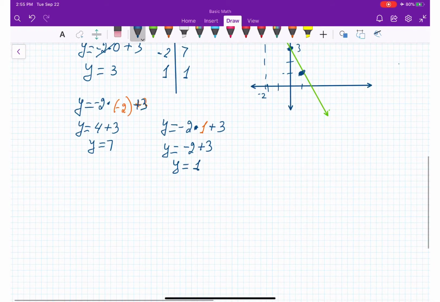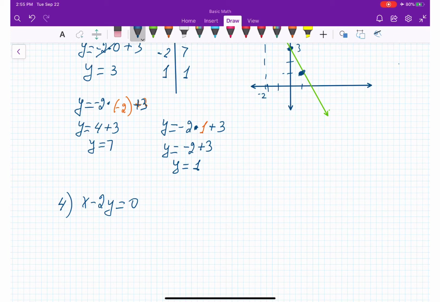Question number 4. Now x minus 2y equal 0. So we are going to use points. So let's pick any points we want.